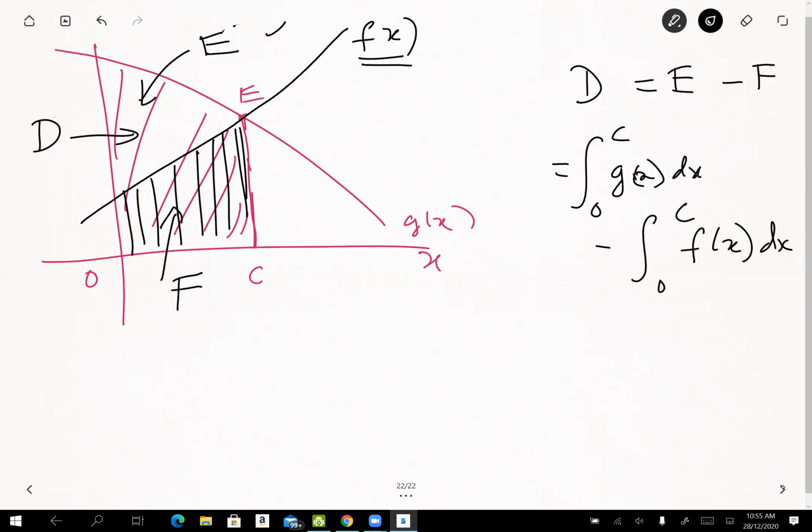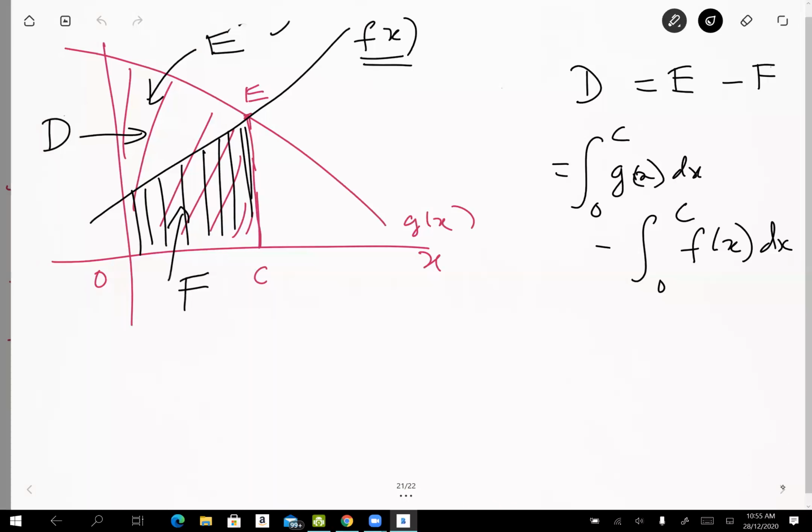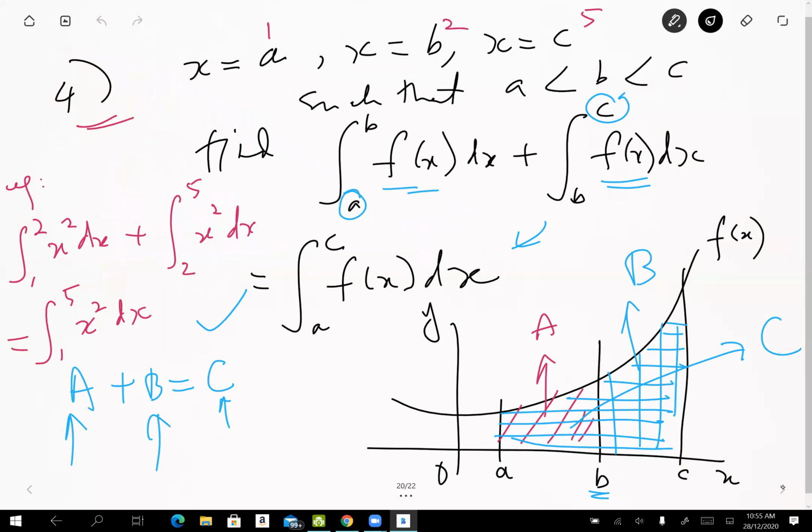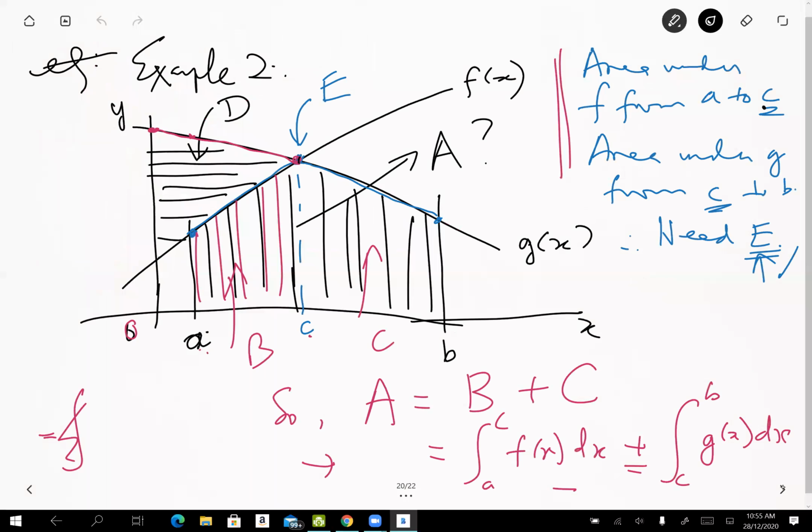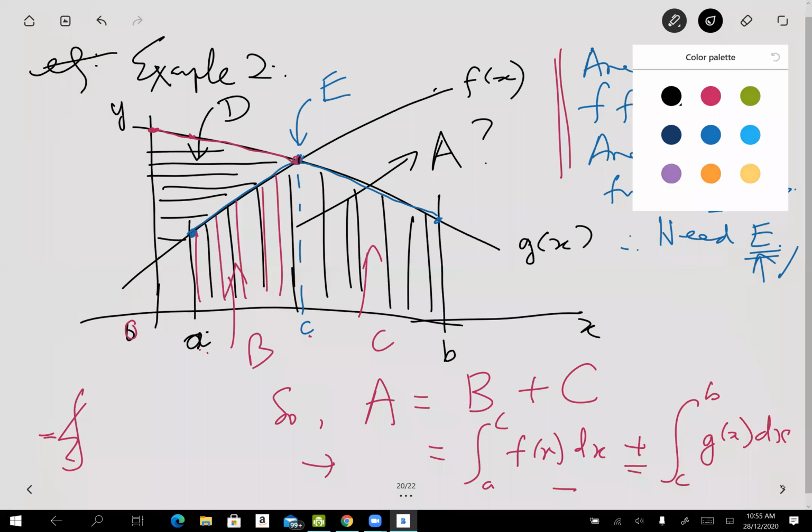Okay. All right. Now, let's find a few more areas between two curves from the diagram. Now, let's say I want to find the area here. Let me use another color.